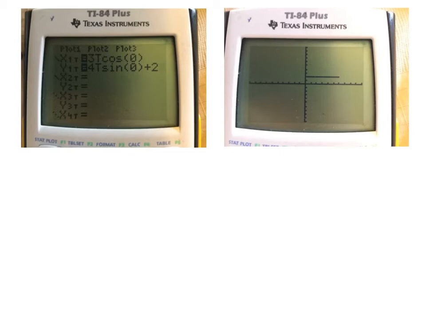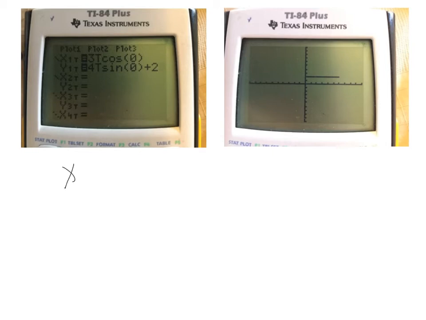Now let's graph parametric equations where you have x equals 3t cosine of 0 degrees and y equals 4t times the sine of 0 degrees plus 2. Now if you recall, the cosine of 0 is 1, and the sine of 0 happens to be 0.